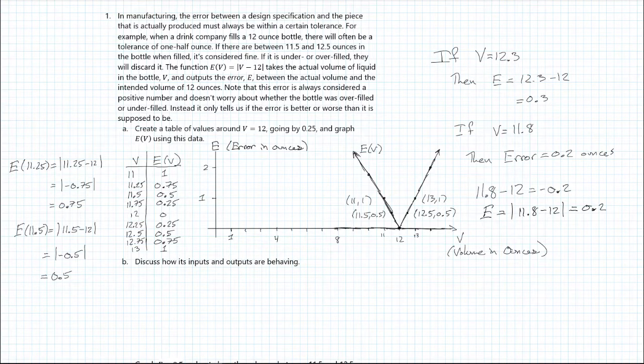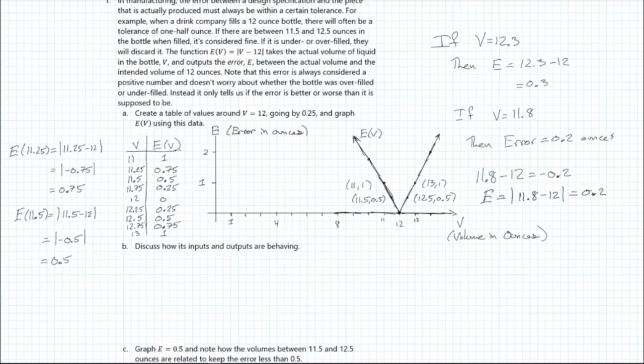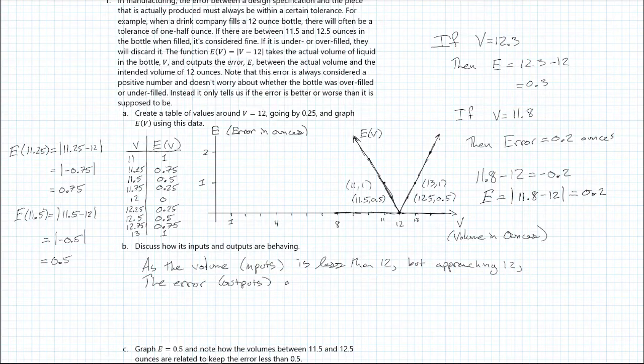So if we're going to discuss how the inputs and outputs are behaving, we could say as the volume, the inputs, is less than 12 but approaching 12, the error, the outputs, are decreasing.